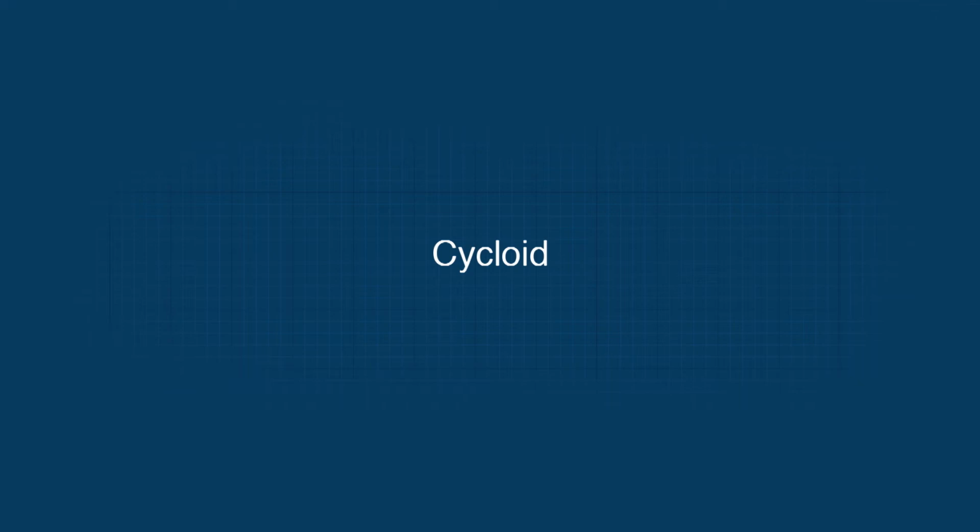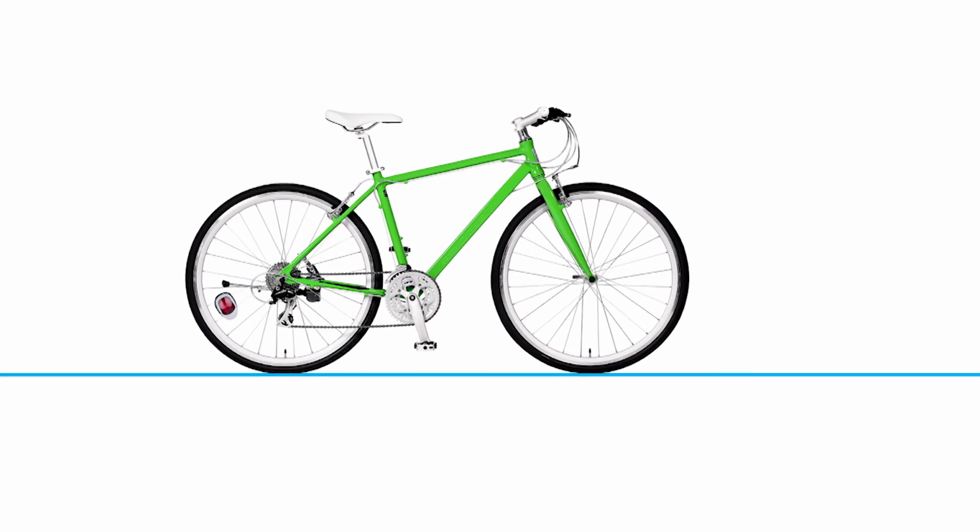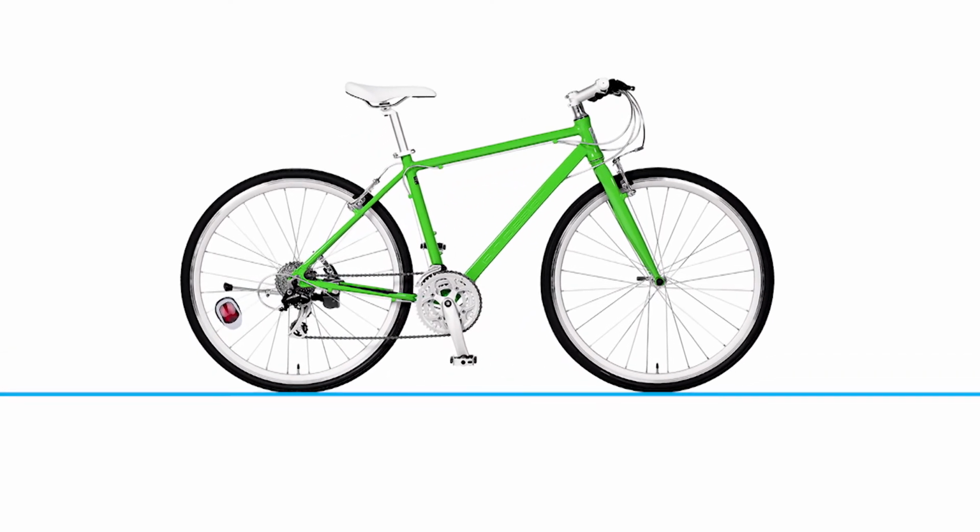Cycloid. Now, we consider an important curve called a cycloid that has historical importance. We define a cycloid as the curve traced by a point on the rim of a circular wheel as the wheel rolls along a straight line without slipping.